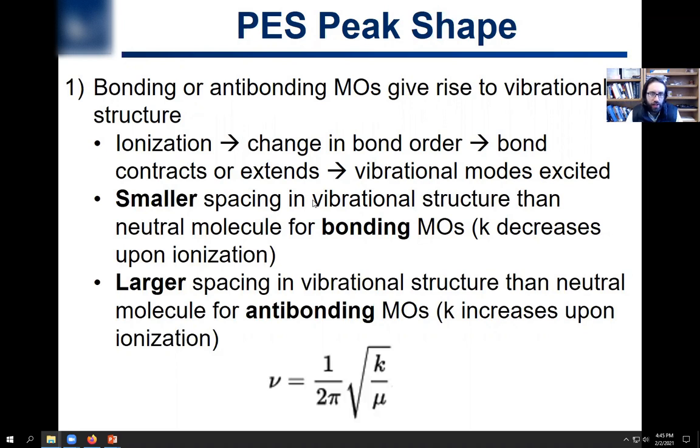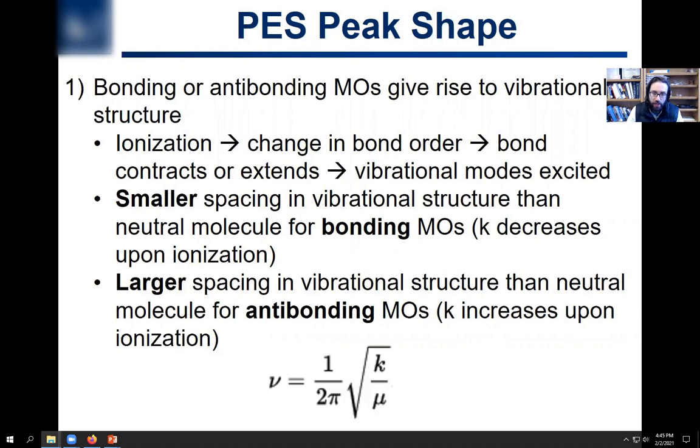If you think about this, you're going to get a smaller spacing in the vibrational fine structure of a PES peak than you would expect for a neutral molecule when you're ejecting an electron from a bonding MO. Why? If you eject one electron from a bonding MO, that's going to decrease your bond order by 1/2, right? 2 electrons per bond.